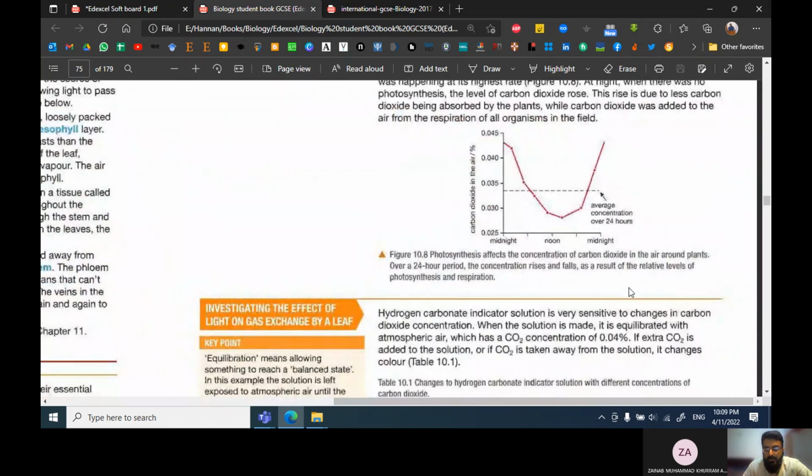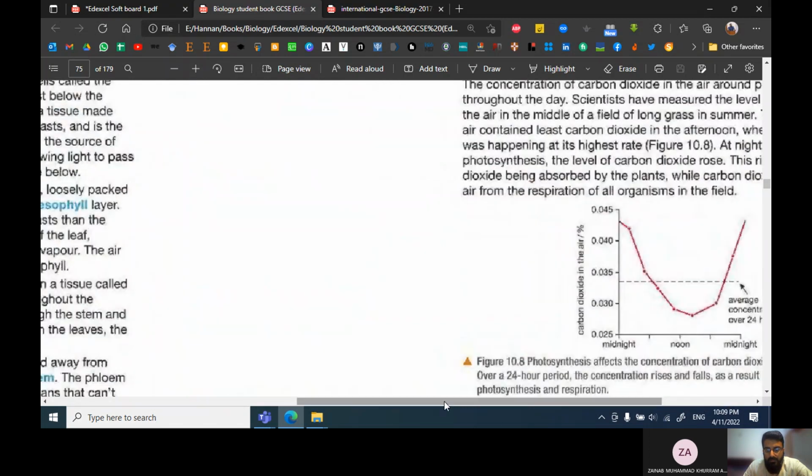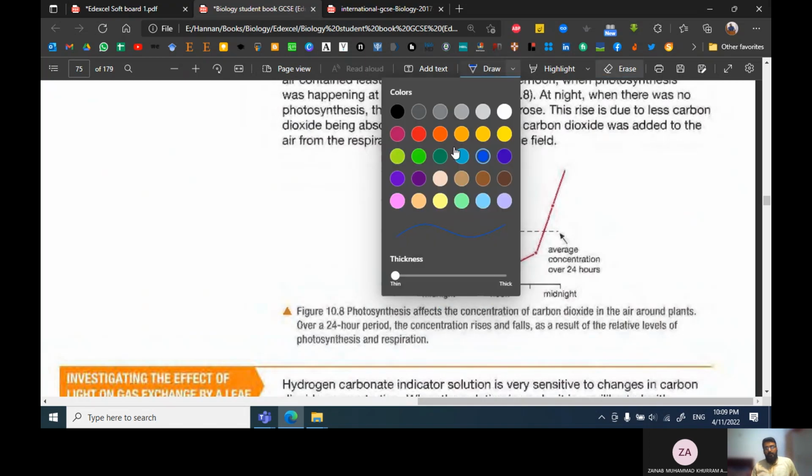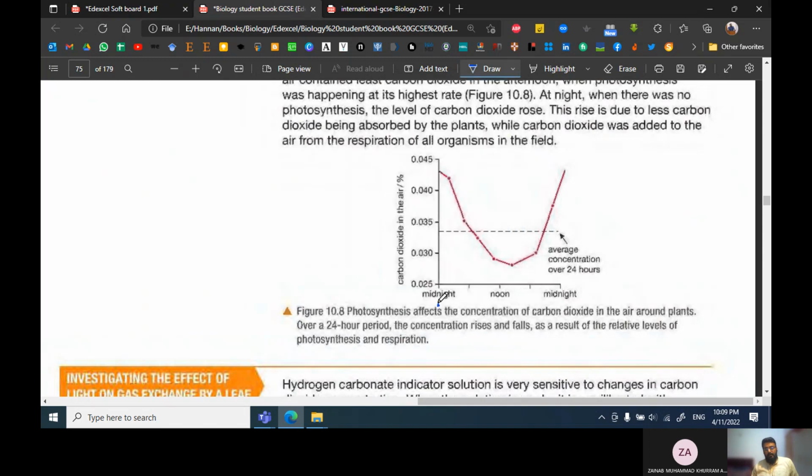I think you might have seen this graph already, but let's discuss it. Just look at this diagram. This graph is made from one midnight to another midnight. And you can easily observe here that between both of these midnights, the carbon dioxide level is decreasing during the noon.